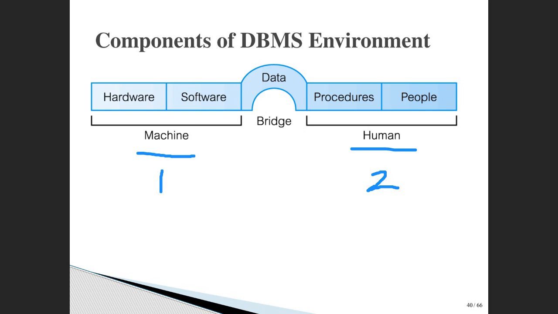All these are steps, so these are procedures. In the middle, there will be a bridge that will link both human and machine, and that is data. So data will be the most important part of the database management system components environment.